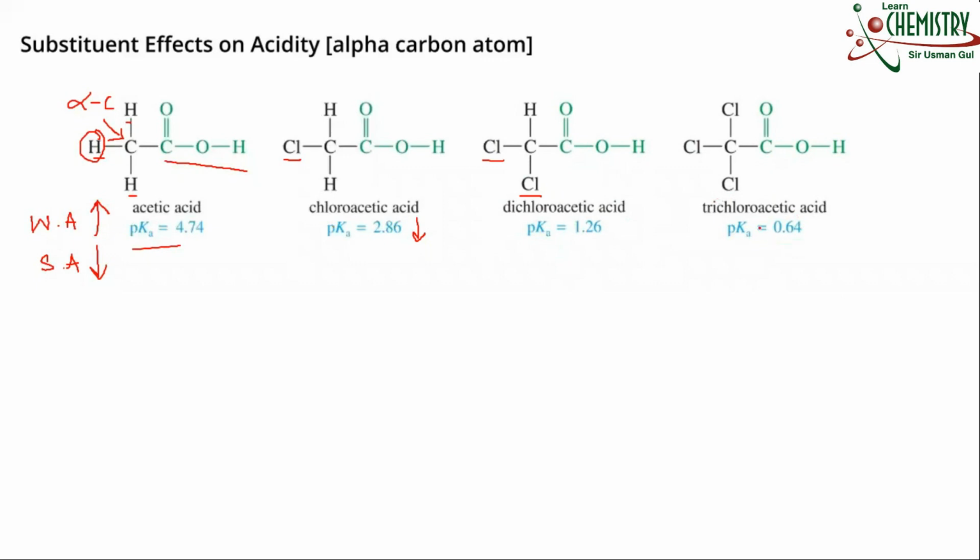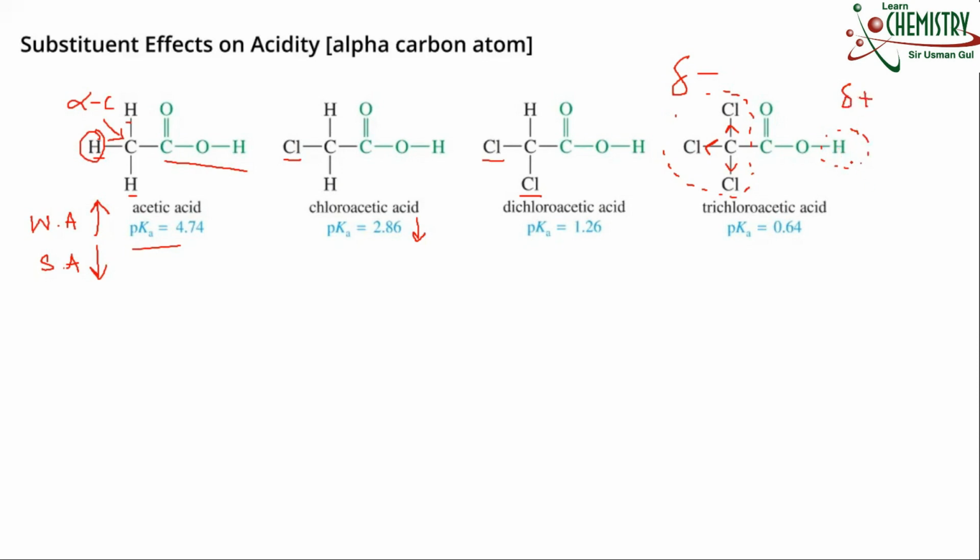Now the question arises: why is this happening? The reason is very simple, because of the inductive effect. These electron withdrawing groups withdraw the electrons toward themselves. So this part becomes more electronegative, and on the other hand, this part becomes more electropositive.